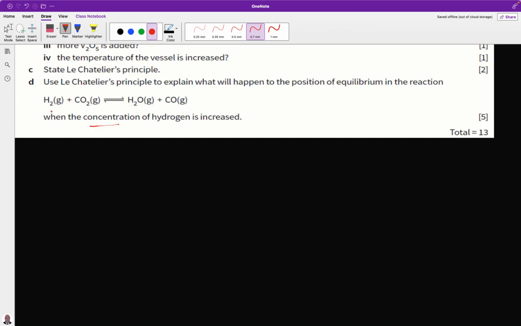More of the reactants, the hydrogen and carbon dioxide, must be used up so that more steam and carbon monoxide are formed. In that case, a new equilibrium is established.